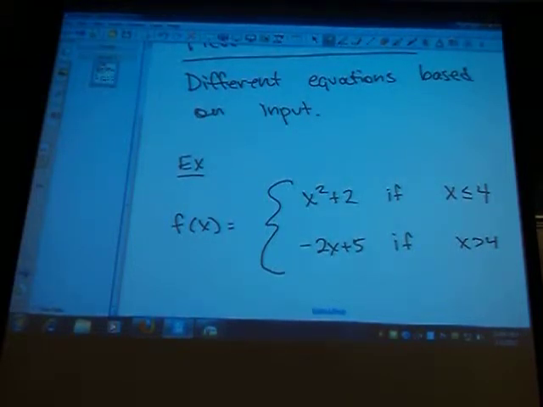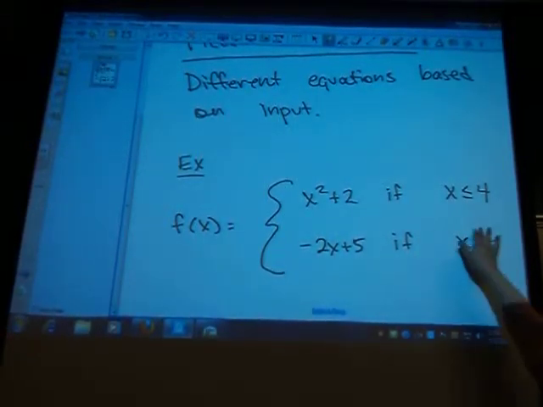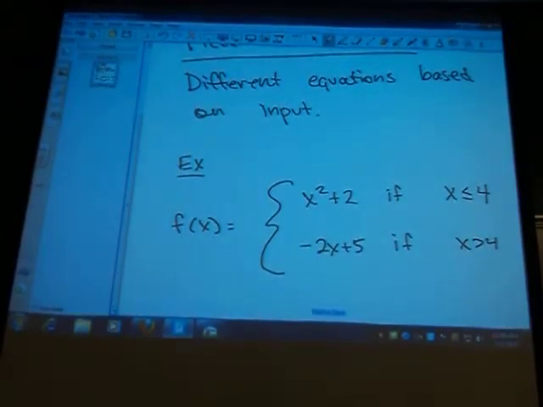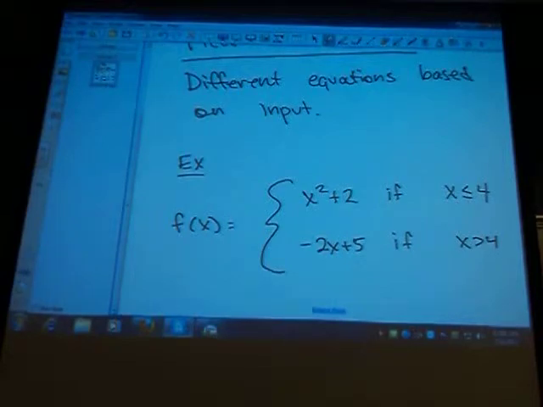The first thing you need to do is figure out which category your x value falls into. If they tell me an x value, I need to ask, is it less than or equal to 4, or is it greater than 4? Once I figure that out, I use the equation that goes with that category to calculate my y value.